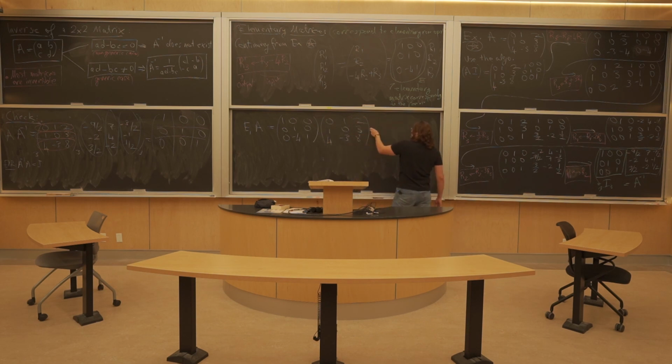Now let me be fast here. So recall again, these are rows, then these are columns. I'm going to get a 3 by 3 matrix. 1, 0, 0. It's going to duplicate everything. Or rather, it's going to duplicate this entry here. 0, 1, 0.